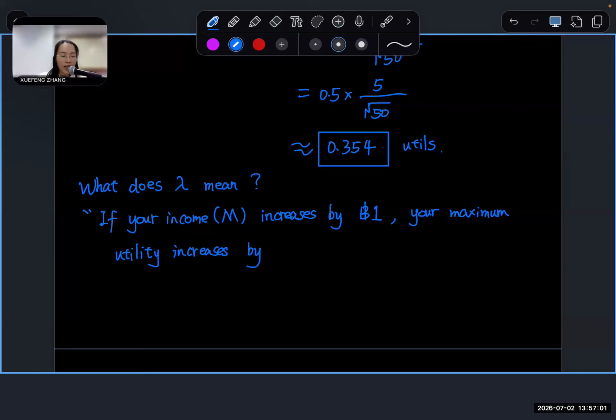This is how we explain lambda, and you're going to use this logic when you learn econometrics.